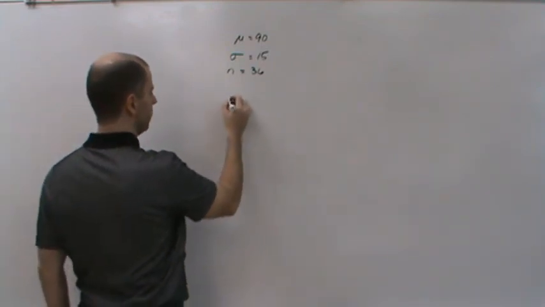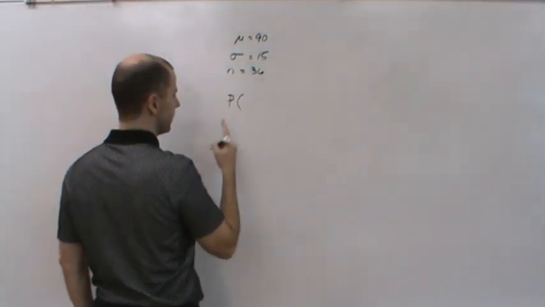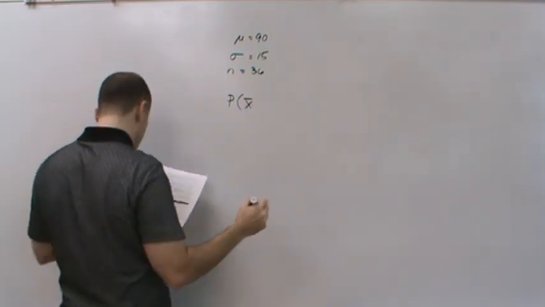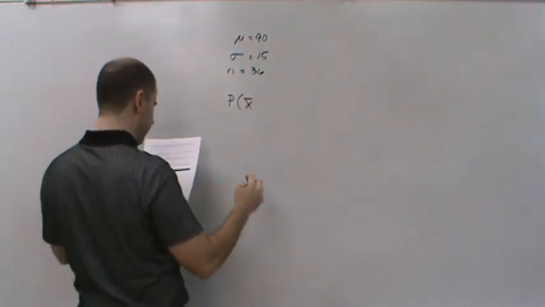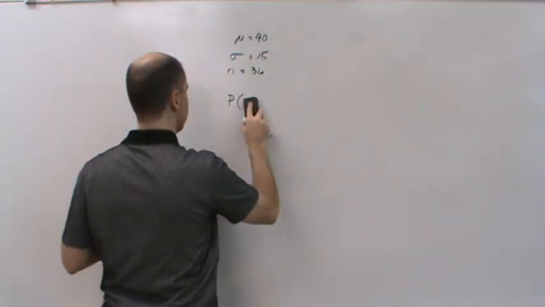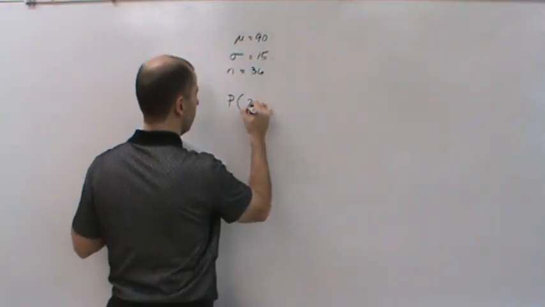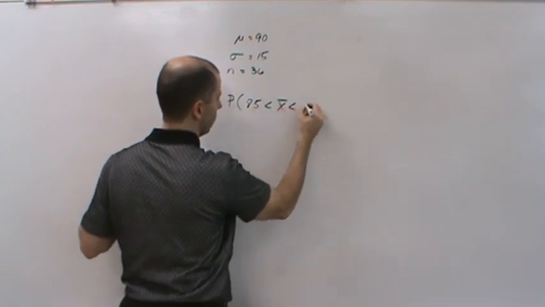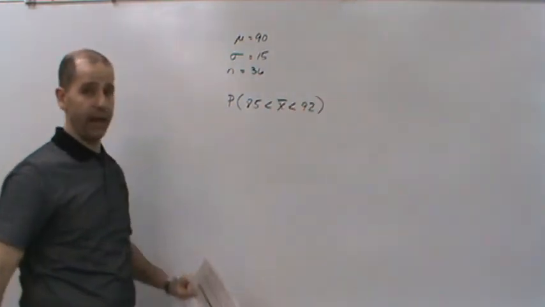So we want the probability that a randomly selected sample mean, x bar, is between 85 and 92. So that's what we want to find, right?